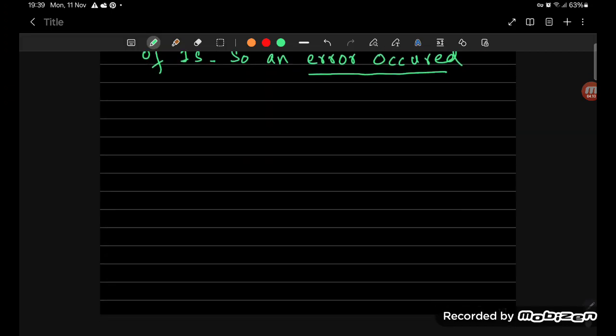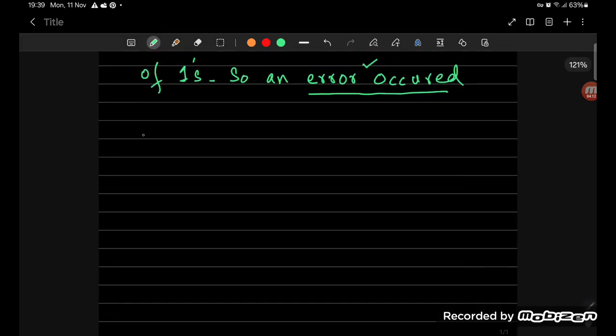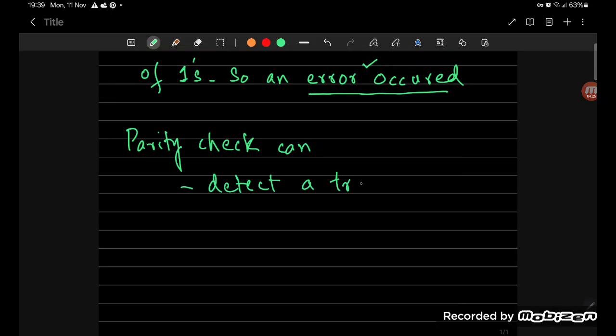So the answer in short is that parity check can detect a transmission error, but it cannot correct the error.